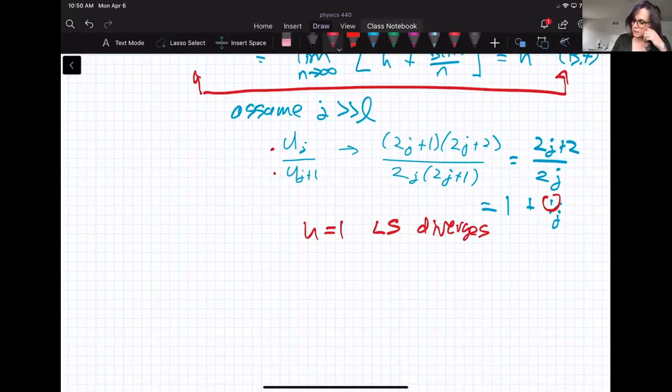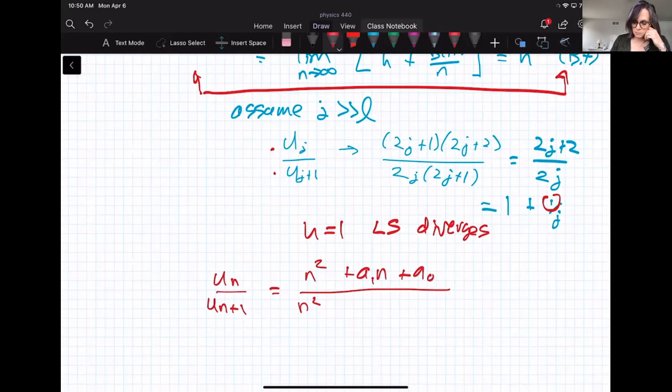Now there's an alternate form to this, and that may be just as useful, depending on what you're looking at. That is, if you look at successive terms, you can write this in terms of a quadratic: n squared plus a1 n plus a0 over n squared plus b1 n plus b0.